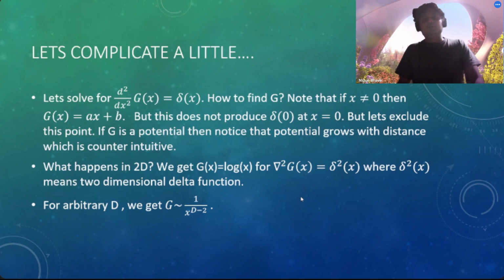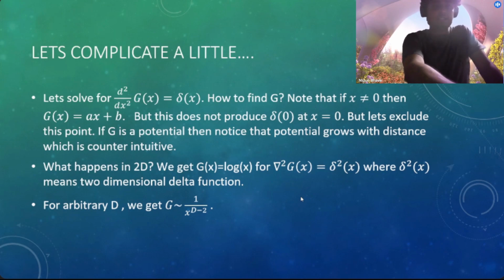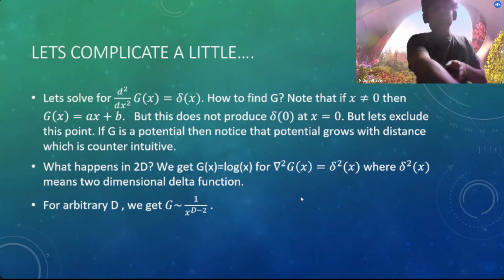You cannot find g of x actually which works. Putting a point means that, sorry, you put boundary conditions on the g of x. You say that g of, let's say, 1 should be 0. Okay, so what does it give you? A plus b equal to 0.